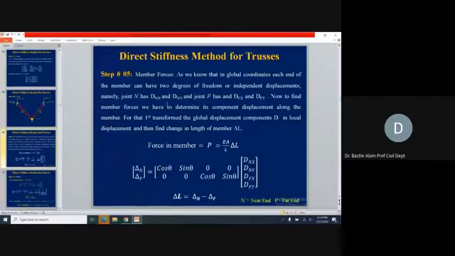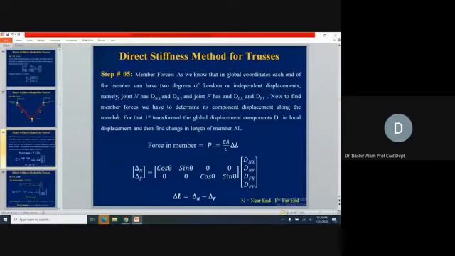This is a generalized terminology. And joint F is the far end, which has dfx, displacement at the far end in x direction, and dfy, displacement at the far end in y direction. These are the 4 possible displacements in a pin jointed frame element.